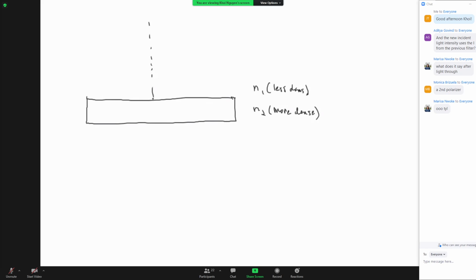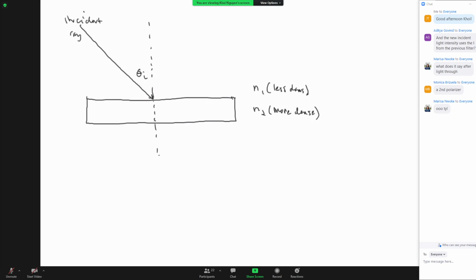The normal is the perpendicular line at the interface between the two mediums. The light ray that's coming in is the incident ray of light. It makes an incident angle.